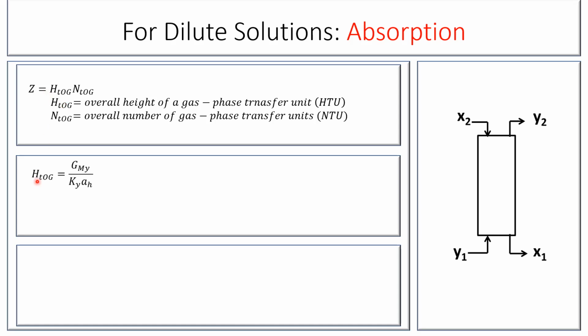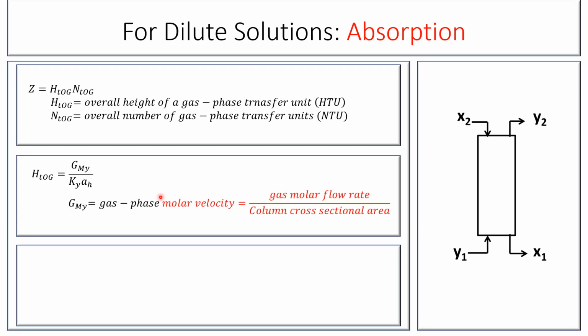The height of transfer unit is calculated by GM over KyaH, where GM is basically the gas phase molar velocity, and I have to emphasize here it's molar velocity, which can be calculated by the gas molar flow rate divided by the column cross-sectional area. In chapter 4, we already know the diameter of the column, so the cross-sectional area will be pi over 4 times the diameter of the column squared. And the gas molar flow rate, we already know from our mass balance calculation.